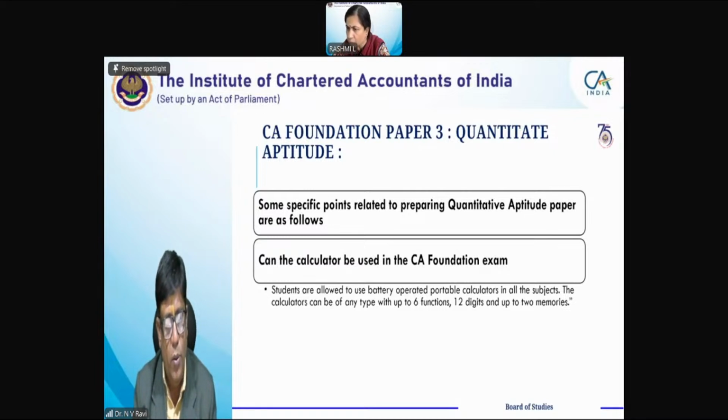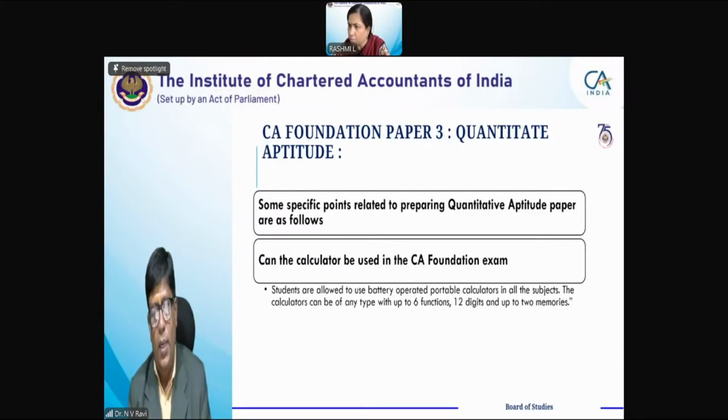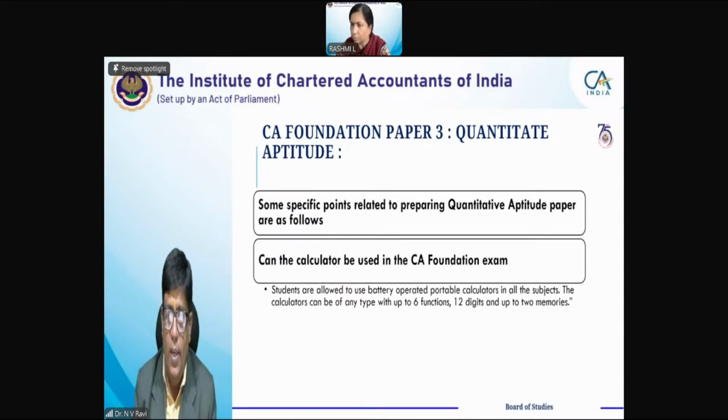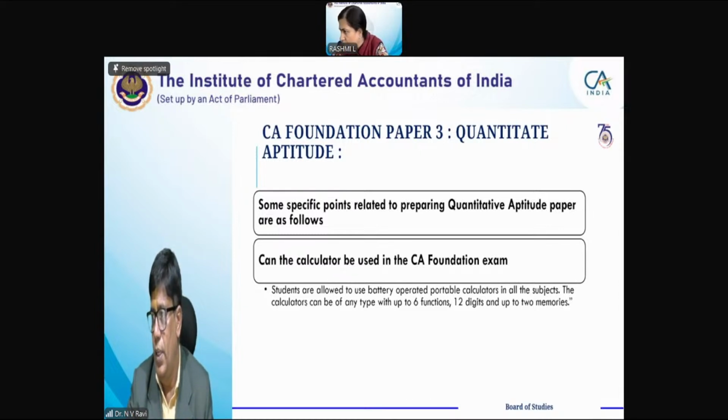Students are allowed battery operated portable calculators in all the subjects. The calculator can be any type with 6 functions, 12 digits, and up to 2 memories. Only this is allowed. Scientific calculators are not allowed in the examination.